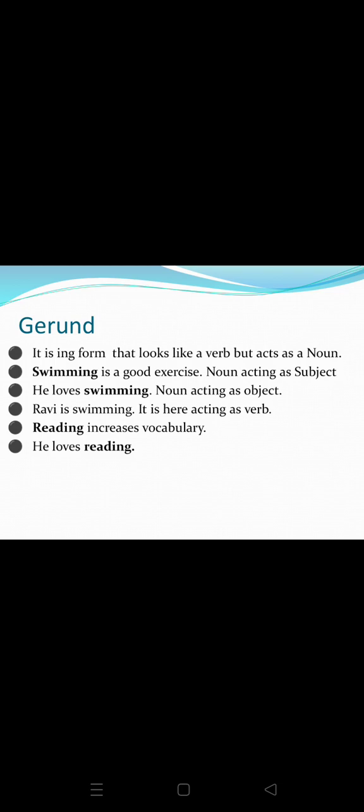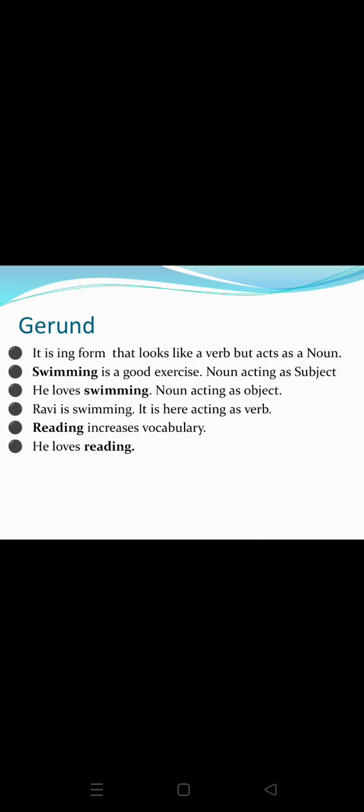So, gerund, just understand I am repeating, gerund is ing form of the verb like reading, swimming, cooking. Sometimes these kinds of verbs do not actually act as a main verb. They have the role of a noun.